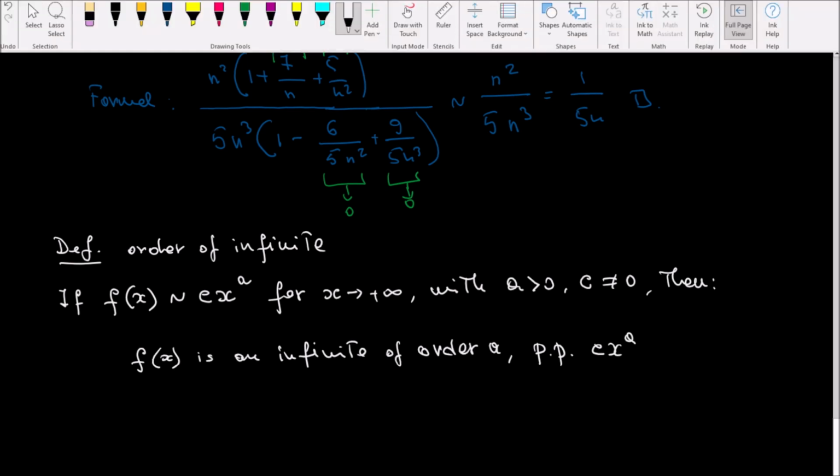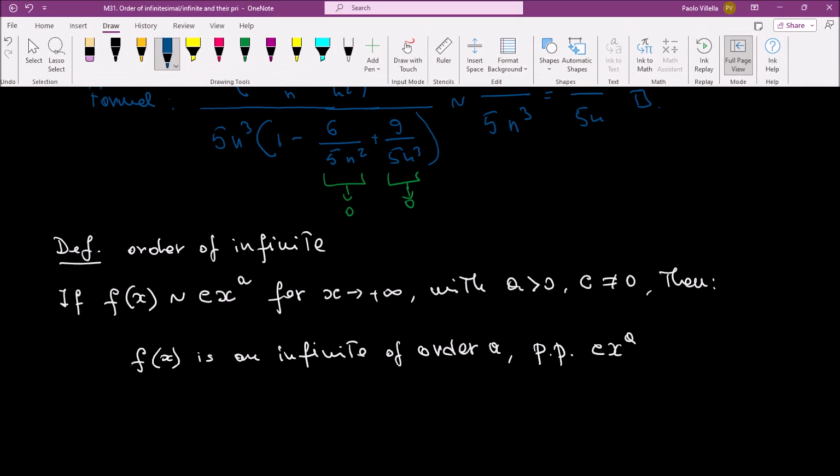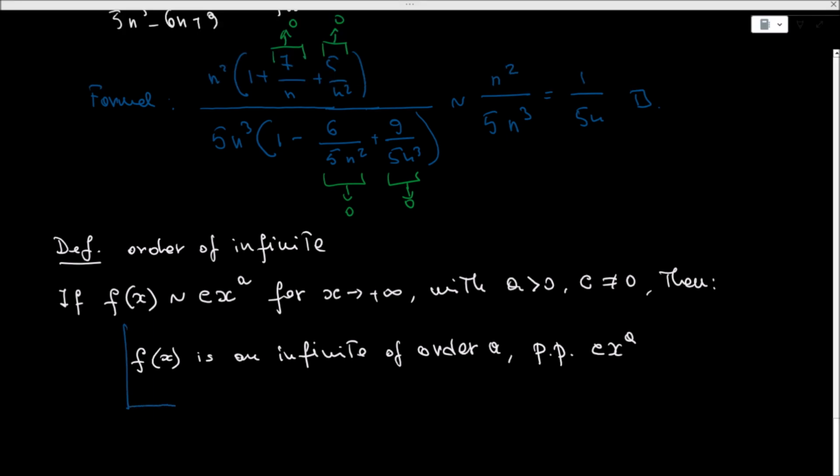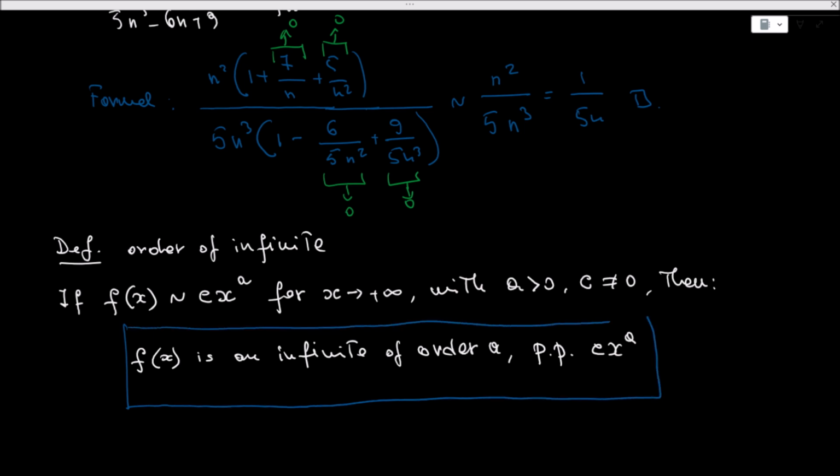So this is the thing to remember. We say that f of x is an infinite of order a with the principal part cx to the a. And in fact, if we look at this cx raised to the a, this is something that will go to plus or minus infinity depending on the value of c.